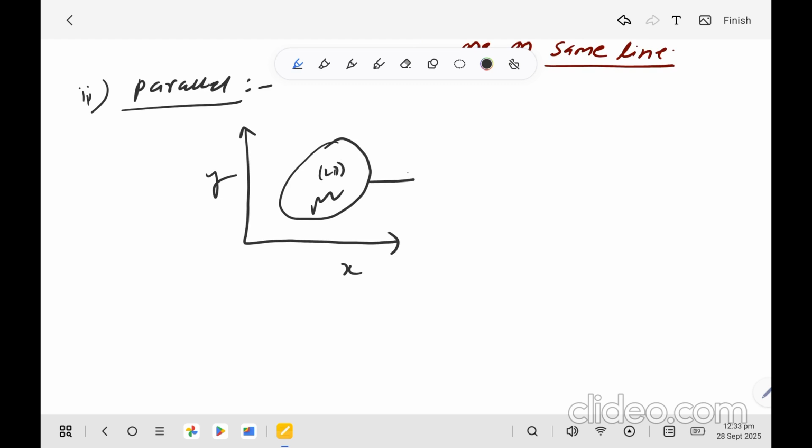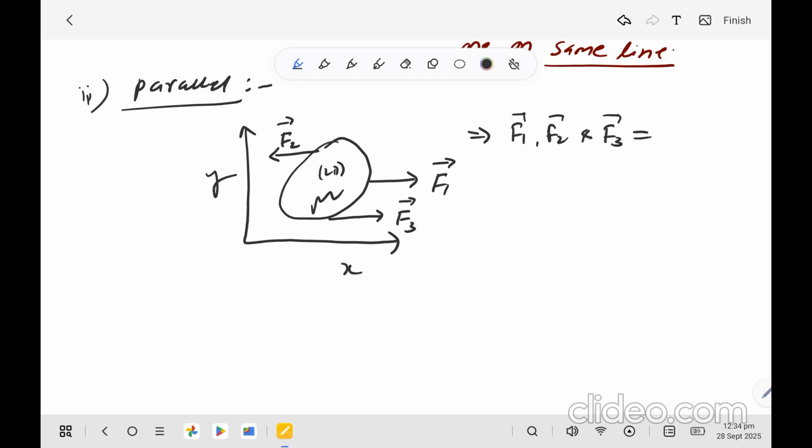F1 acts at this point, F2 is acting here, F3 is acting here, so F1, F2 and F3, all forces are acting in the xy plane, which means all these forces are coplanar forces.